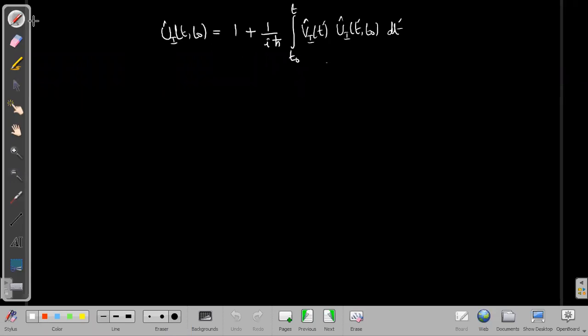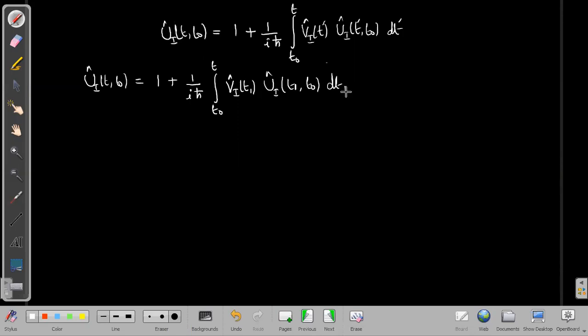This UI, the integral equation of UI(t, t0), I can write as 1 plus 1 by iħ times the integral from t0 to t of VI, where the integration variable I will put as t1, times UI(t1, t0) dt1. Okay, now how to get a solution for it.